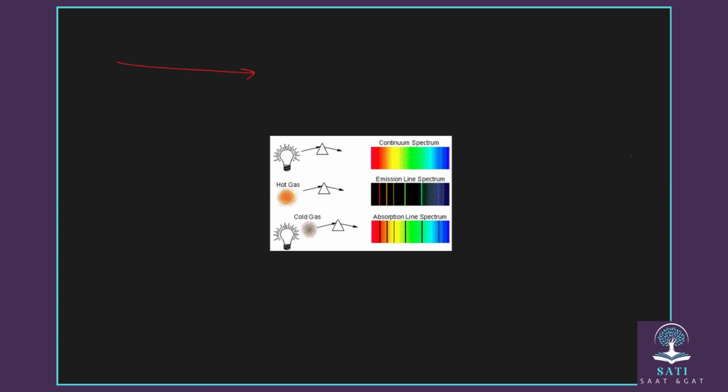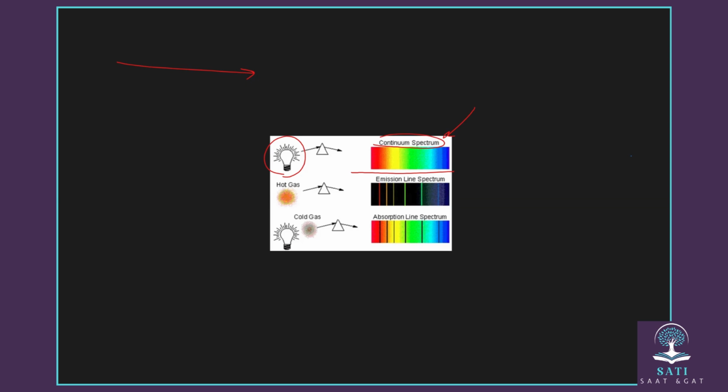These colors are in a continuous spectrum. What does that mean? There is no space between them. So the color, whether it comes from a bulb or from the sun, will be seen exactly this way. We call this a continuous spectrum.